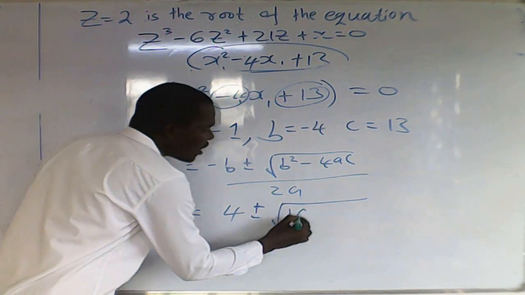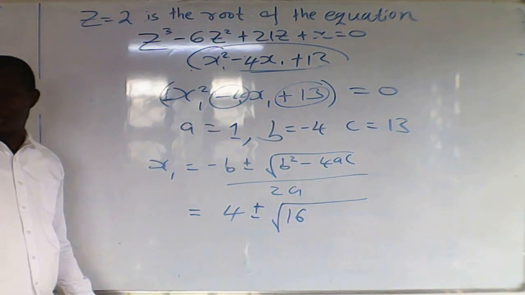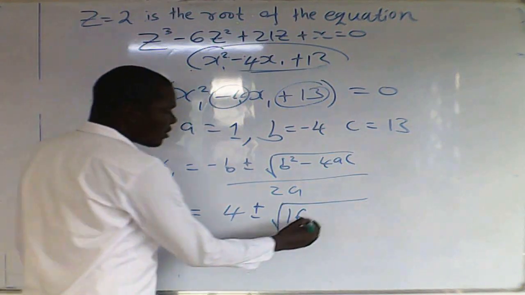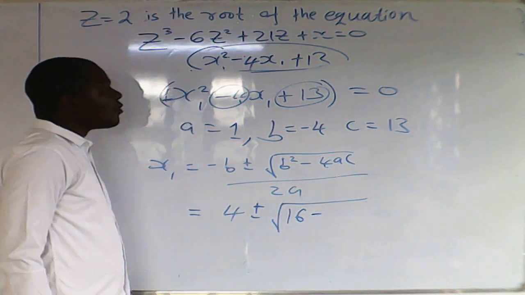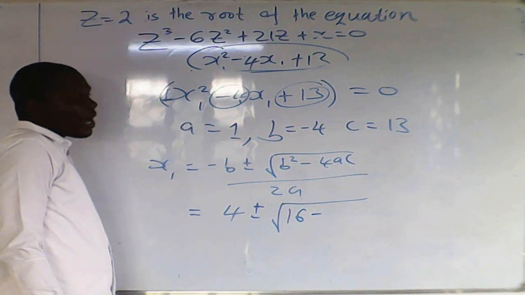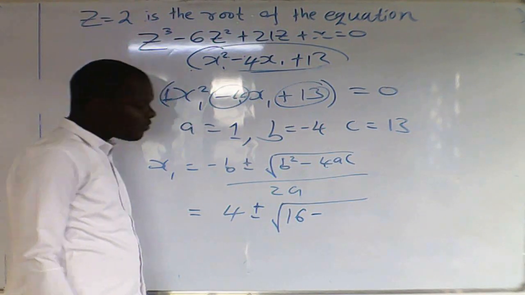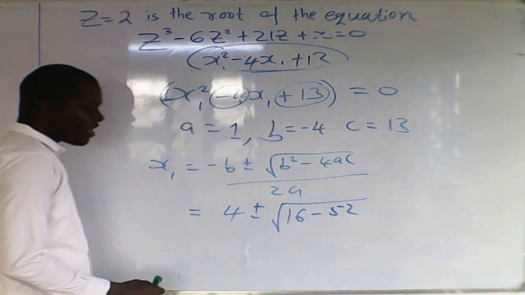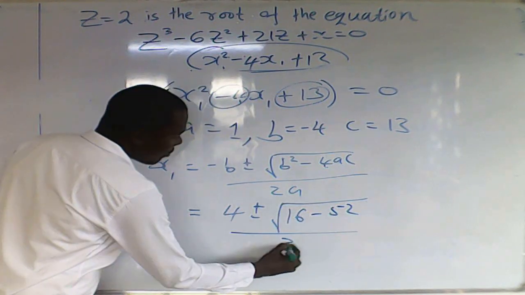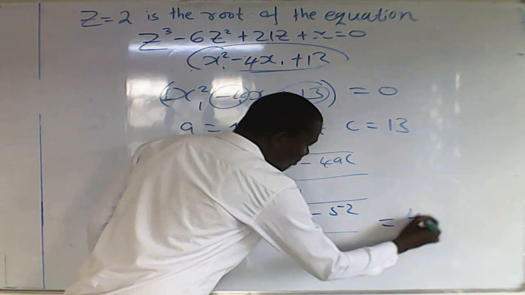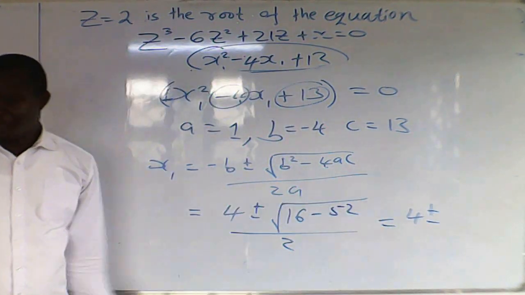Negative 4 squared is positive 16, isn't it? Then minus 4 times A times C: 4 times 13 times 1, 52. 16 minus 52, over 2A, meaning over 2, isn't it?